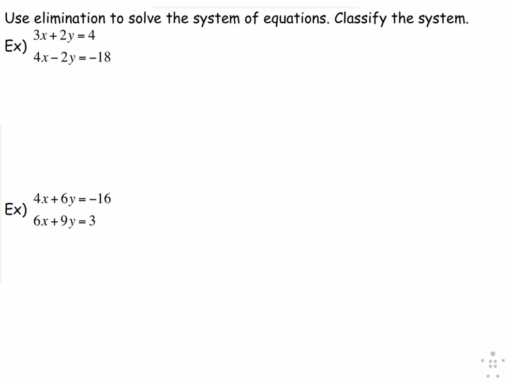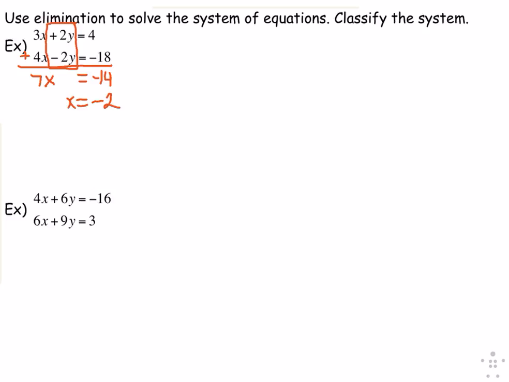Jumping right into an example, I see that we already have a pair of additive inverses. So this is a nice warm-up problem where I will simply add the equations together, combining like terms. And now I have 0y, so I won't write that. And I get x is equal to -2.